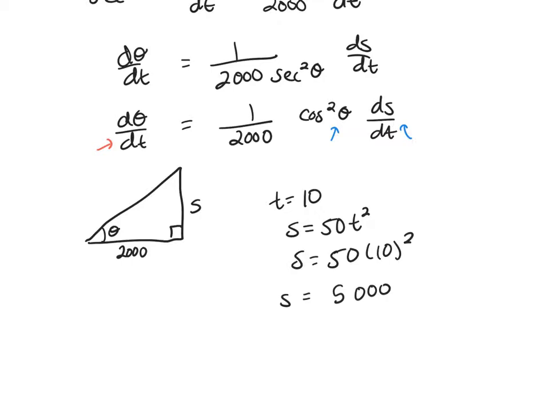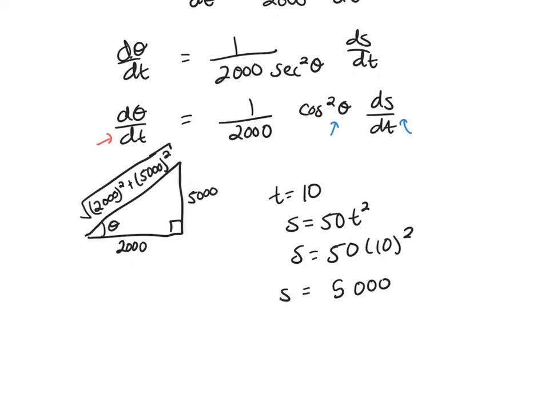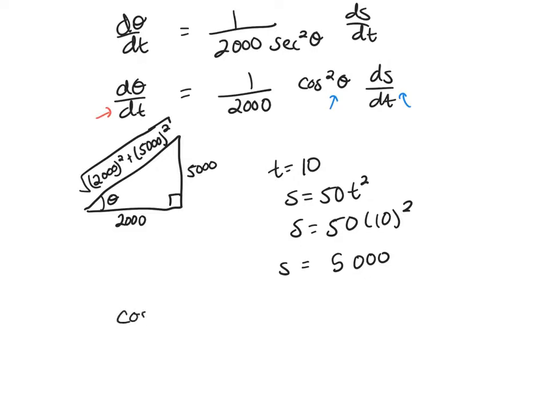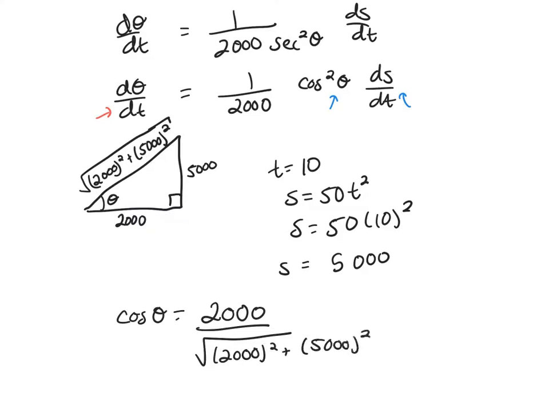So in my picture now, I can swap out s, put 5,000 here. And then this missing side over here, it's the square root of 2,000 squared plus 5,000 squared. And so now I can find cosine of theta. Cosine of theta is adjacent over hypotenuse. Adjacent is 2,000. The hypotenuse is the square root of 2,000 squared plus 5,000 squared.